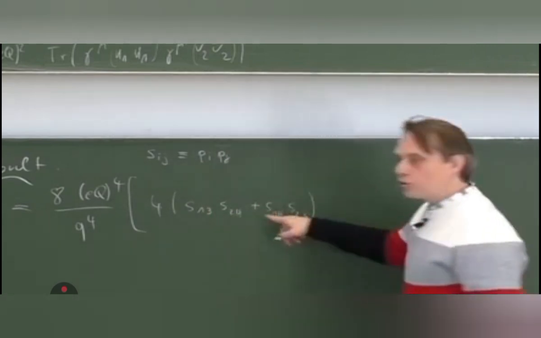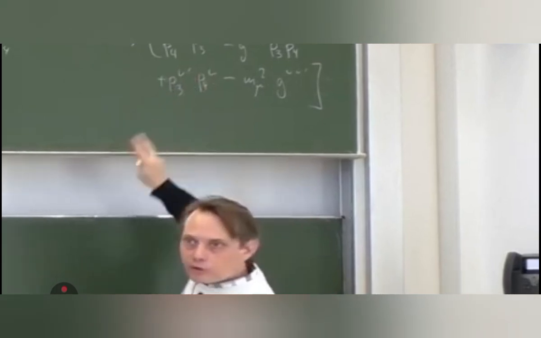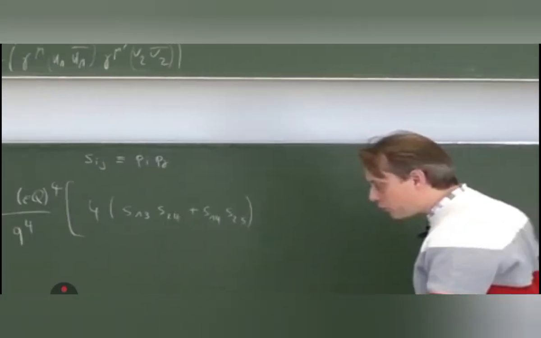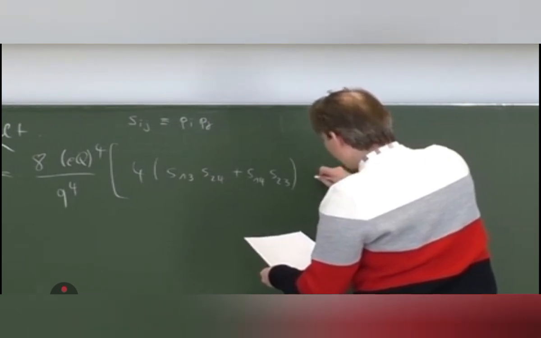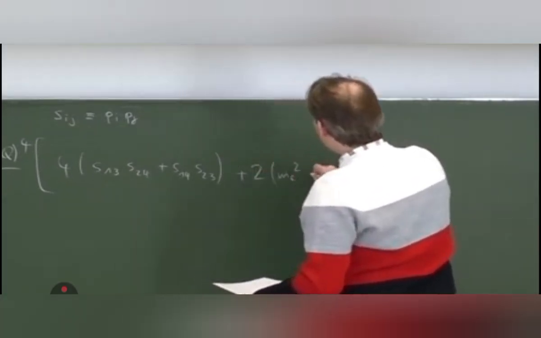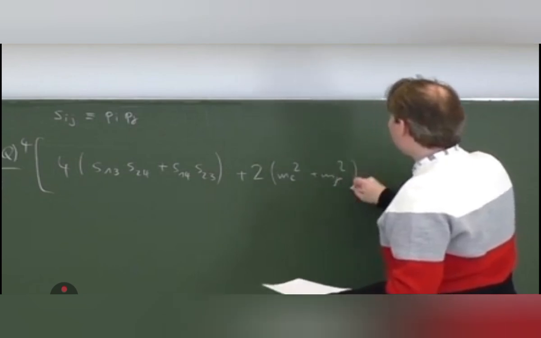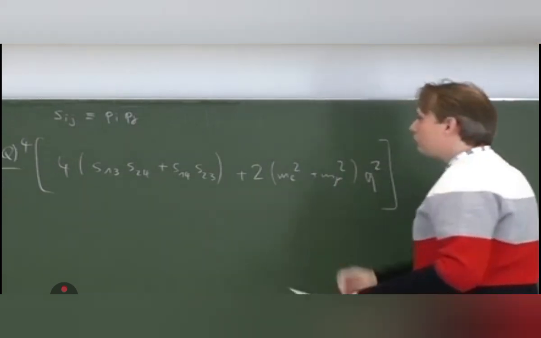Those two are exactly from the example that I just mentioned, from the contraction of the first terms and from the second terms and the cross terms. That gives exactly this. And then from all the rest, we get the following: plus 2 times the sum of the electron mass square and the muon mass square times Q square. That's all.